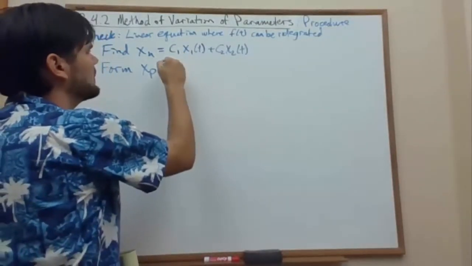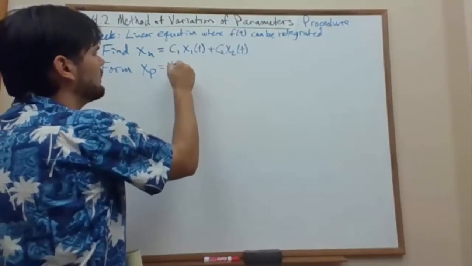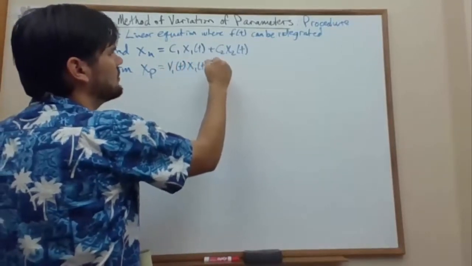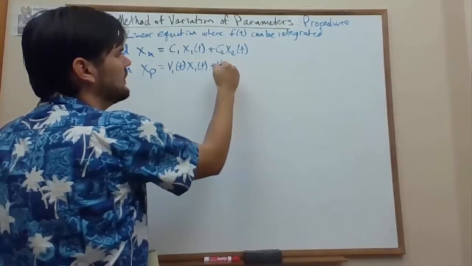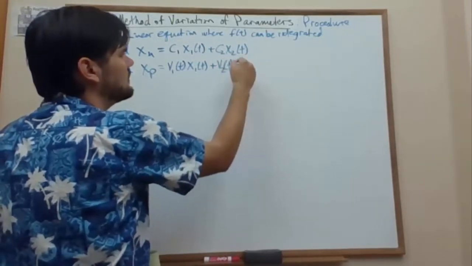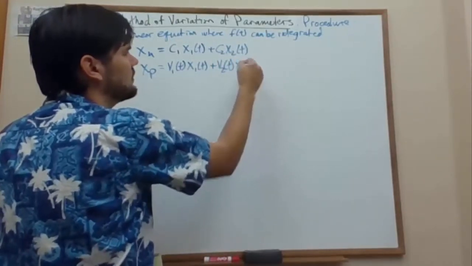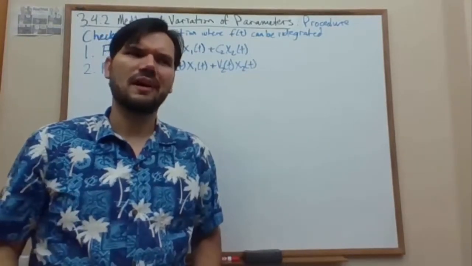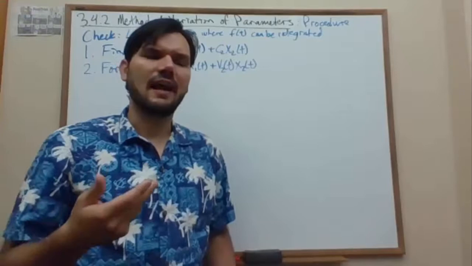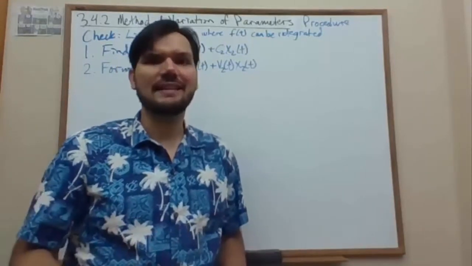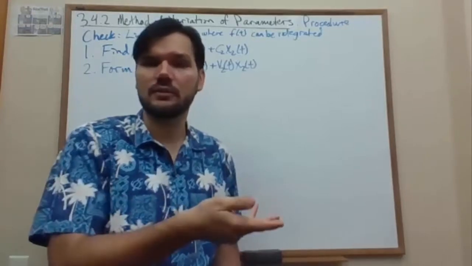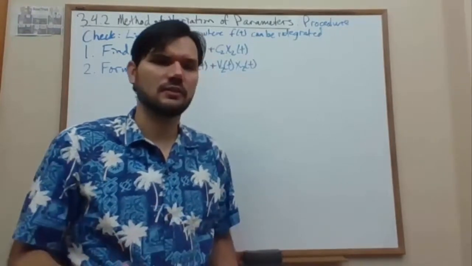In this case, we vary the constants. This c1 becomes some v1 function of t times x1. The c2 becomes some v2 of t times x2. Now these v1 and v2 are functions of t, but they are helper functions, just like the integrating factor in the integrating factor method in chapter 2 was a helper function.